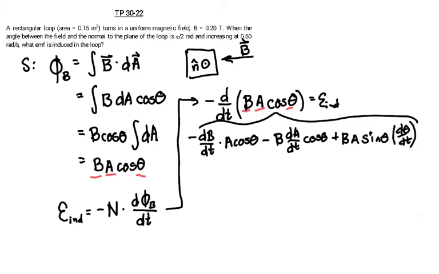Alright, so of these three terms, which one sticks around? Drum roll, please. Well, let's look at the first term. The first term says that the magnetic field is uniform. Well, uniform only tells us that our magnetic field is the same everywhere. It's talking about the spatial dependency of the magnetic field.